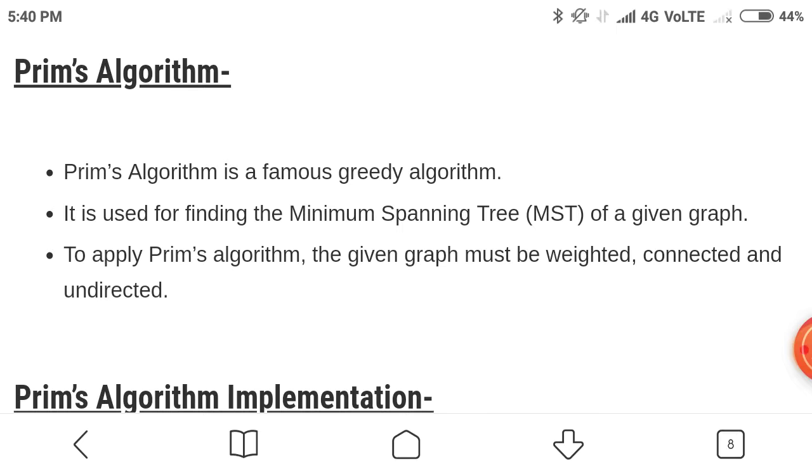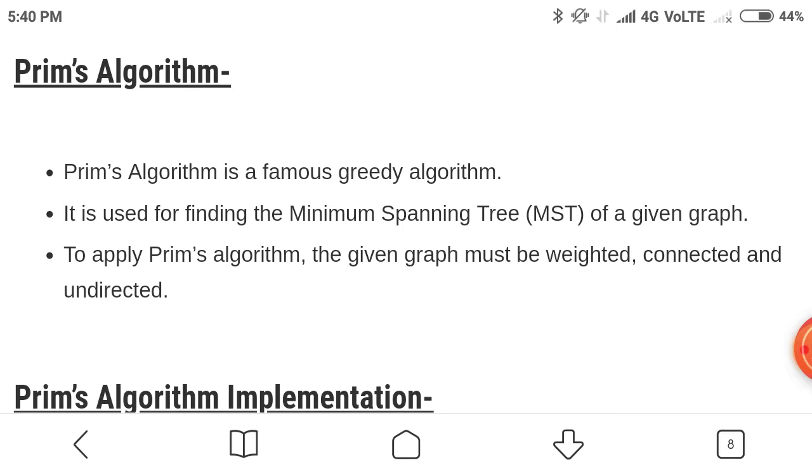That is a spanning tree, where you traverse each node a single time. For a graph, there may be more than one spanning tree. Among these spanning trees, if you add the weights, the one with the minimum weight is called the minimum spanning tree.